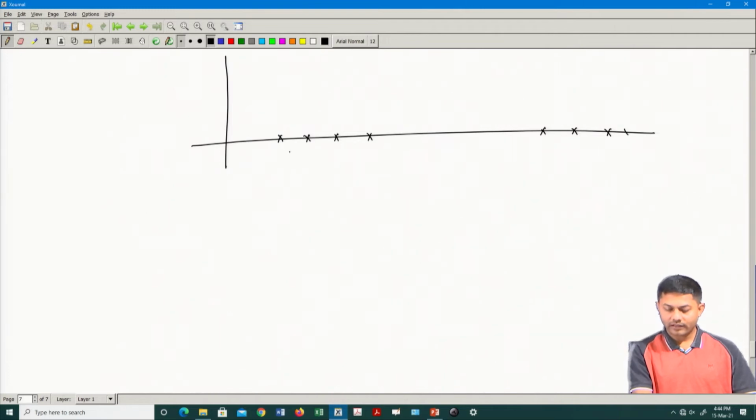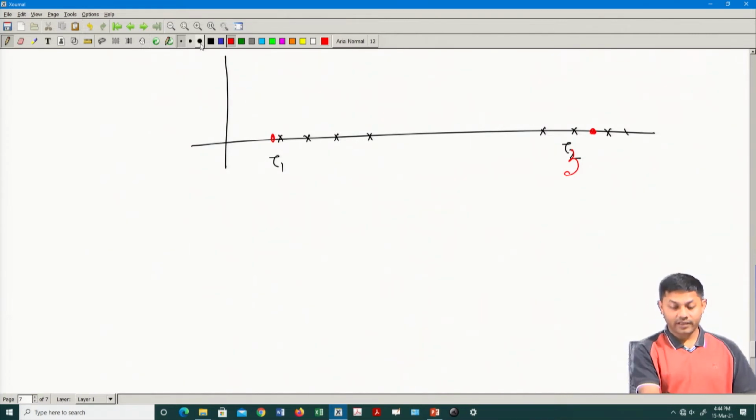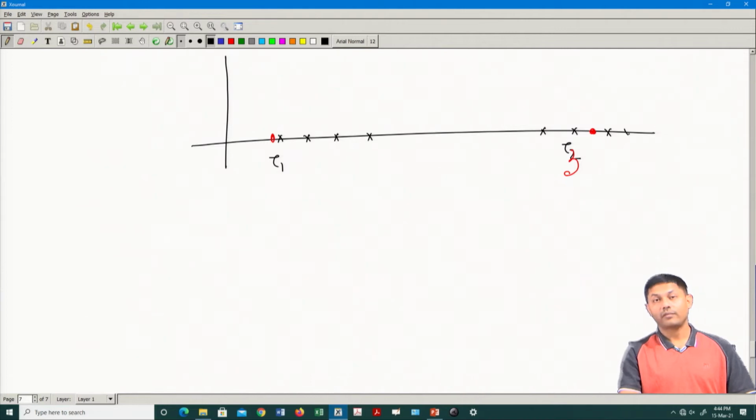So, probably your tau 1 was somewhere here and tau 2 somewhere here, and your last tau, say tau 3, was somewhere here. It does not mean that after digitization I will not get anything beyond tau 3.